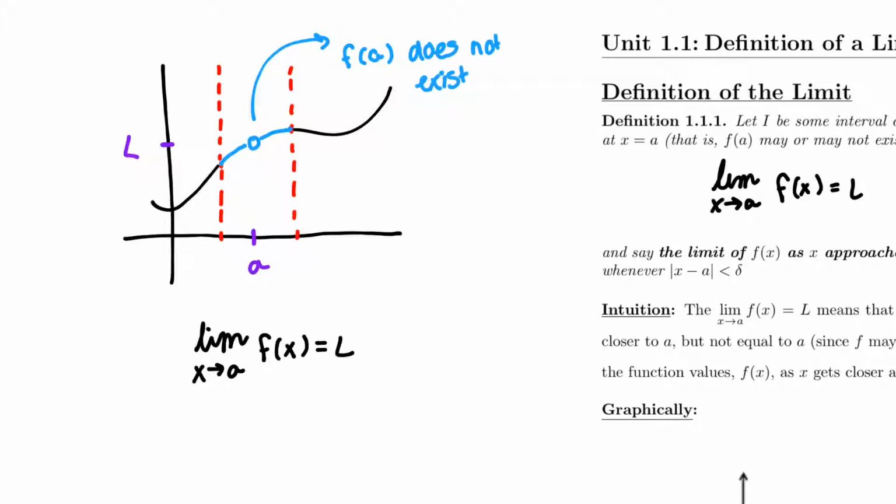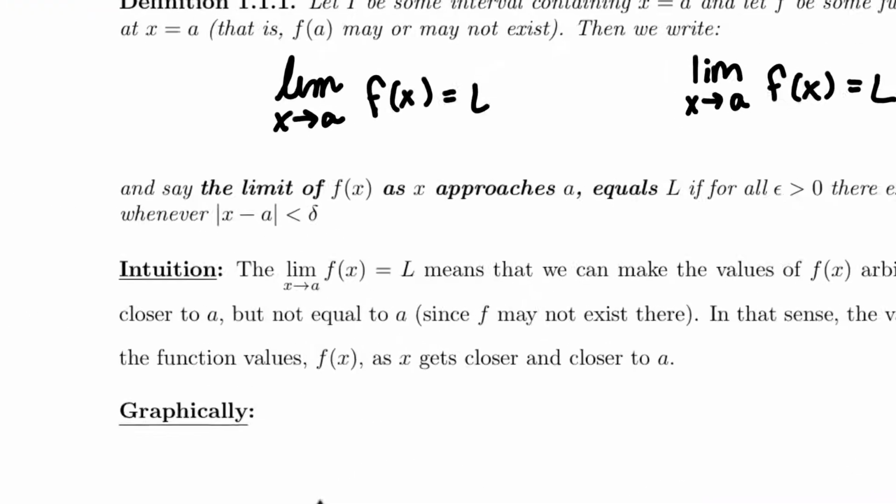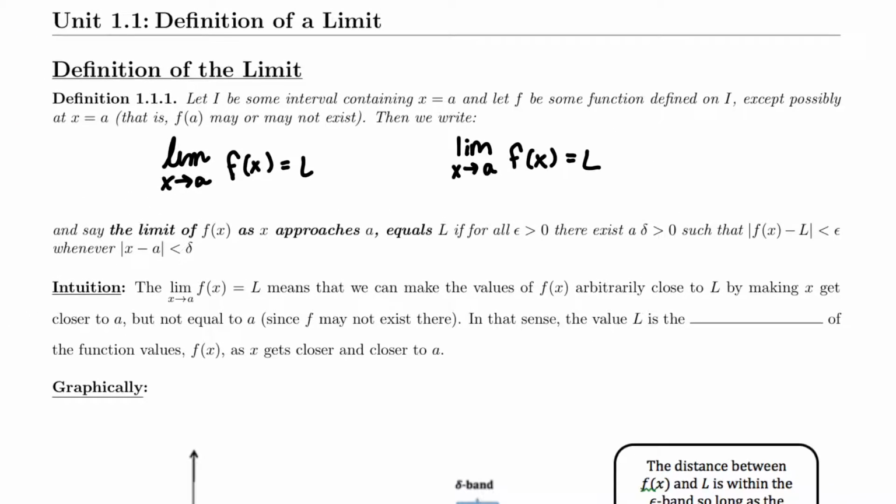The value of a limit is the y value. It's the y value that it looks like the function is approaching. And if you need me to scroll back or anything, I do have the chat box open so I can see what you guys are typing.